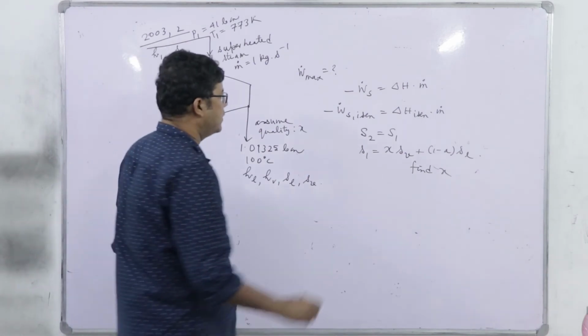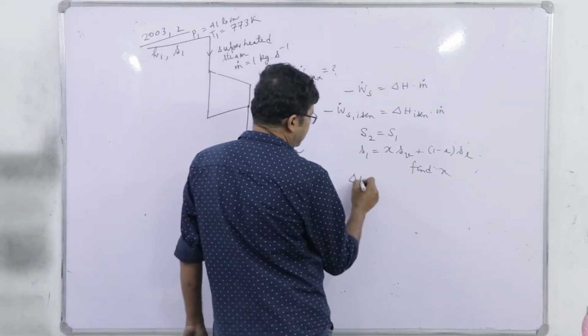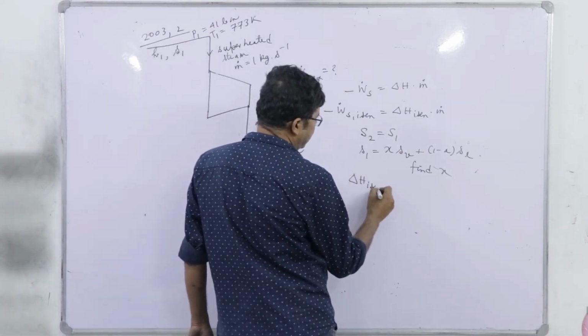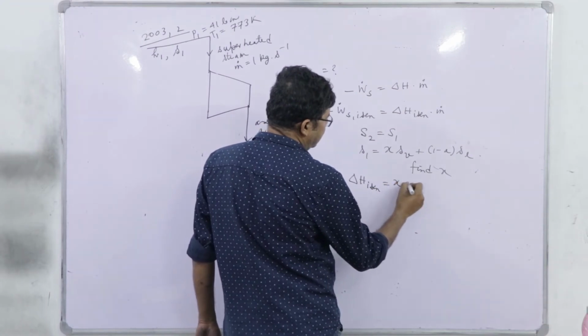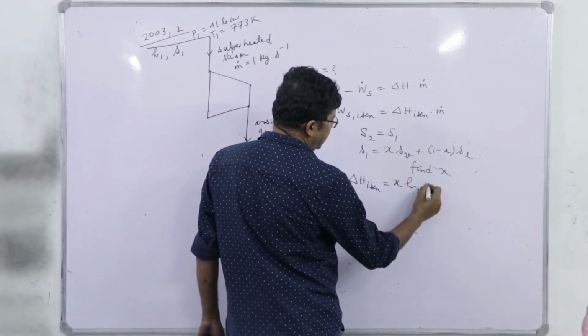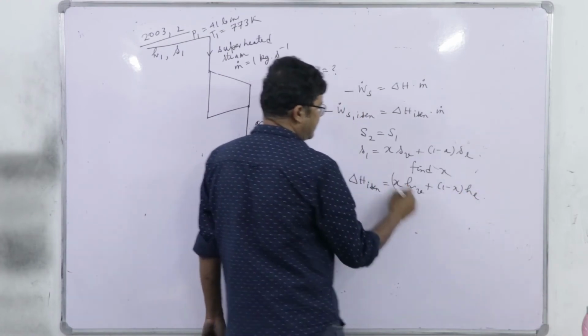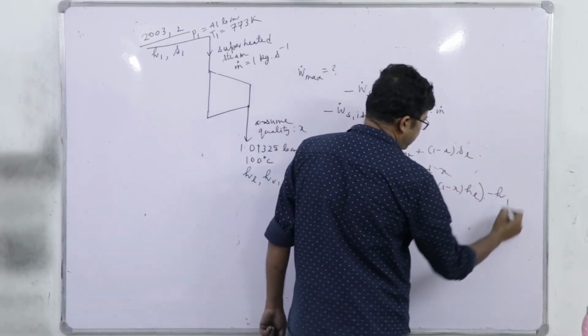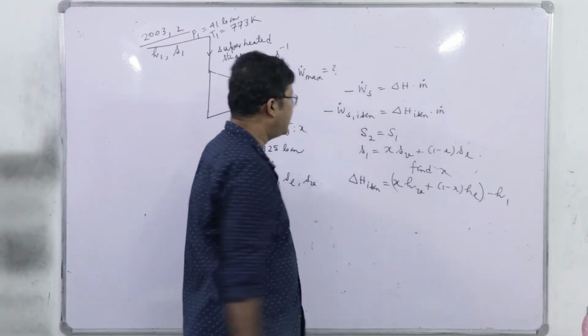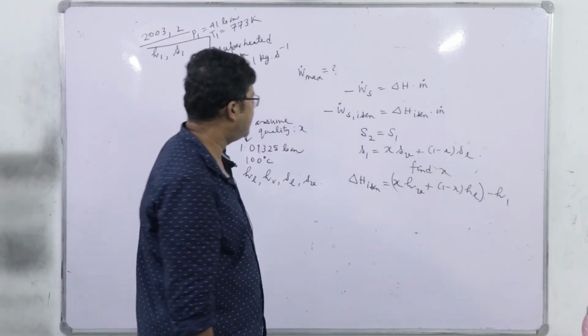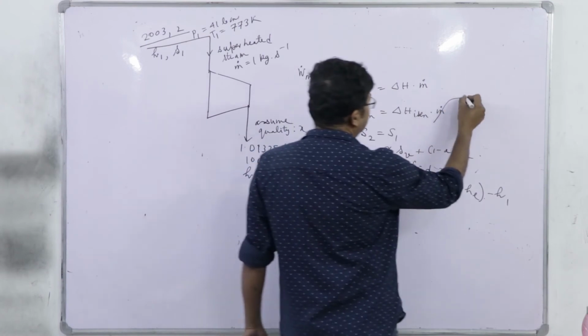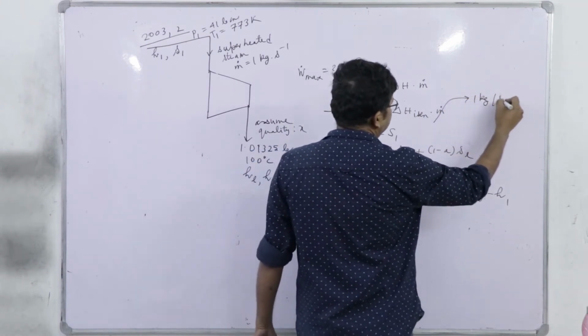Once X is known, we can write the delta H Isen as X into HV plus 1 minus X into HL, right, minus H1. So, this is negative. So, W dot S will be positive and m dot is 1 kg per second.